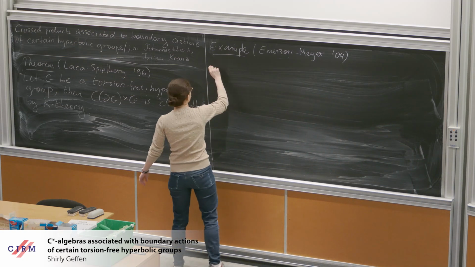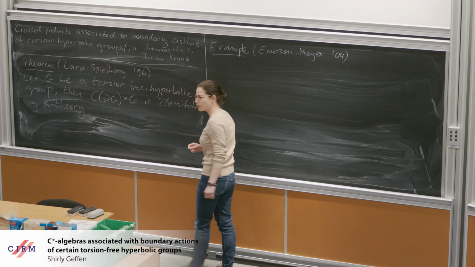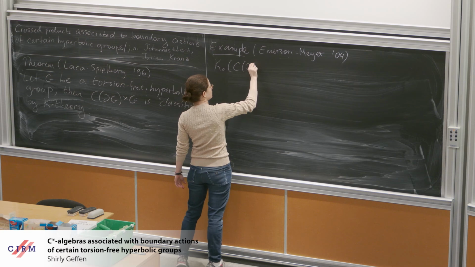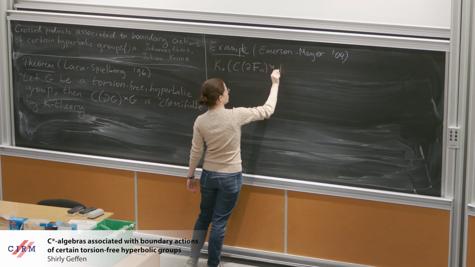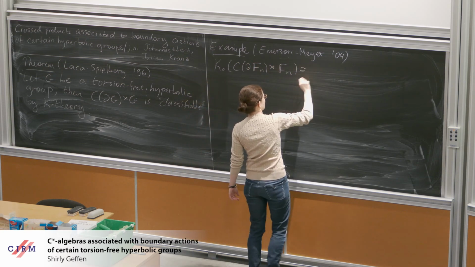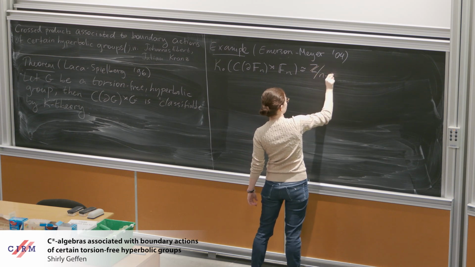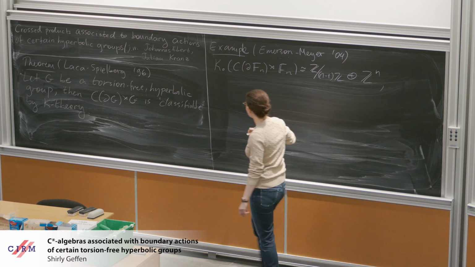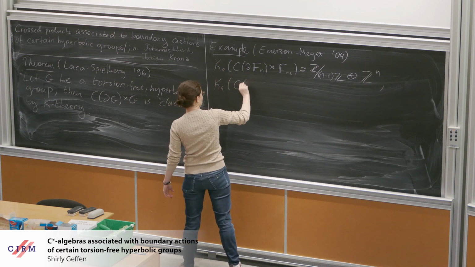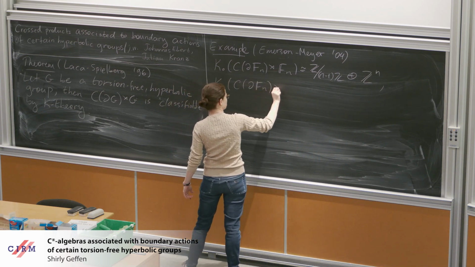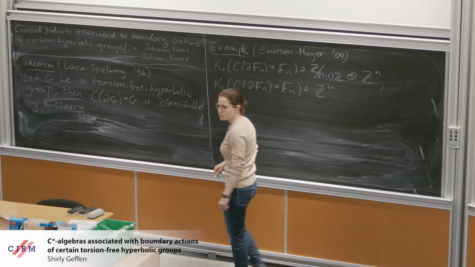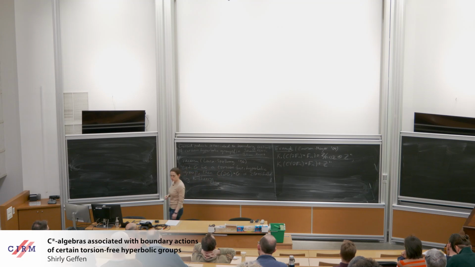So one example is that for the free group acting on its boundary, the K0 can be computed and is isomorphic to Z mod n minus 1Z and the copy of Z to the n. And the K1 group is just a copy of Z to the n. So definitely the K-theory already distinguishes these cross products, and therefore they are not isomorphic.